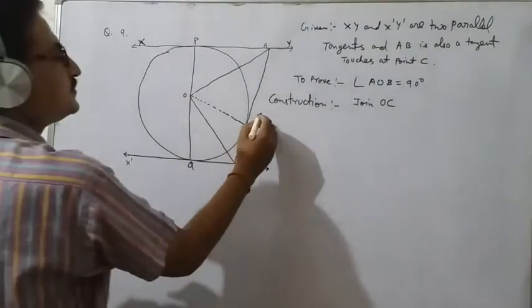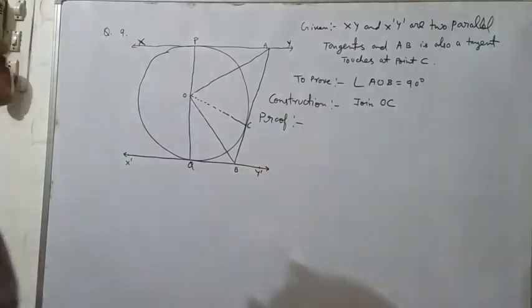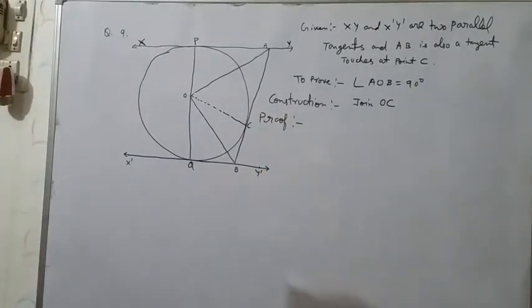Now the proof. What is the relation between triangle PAO and triangle CAO?